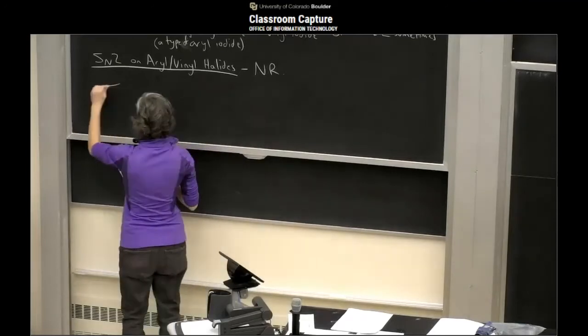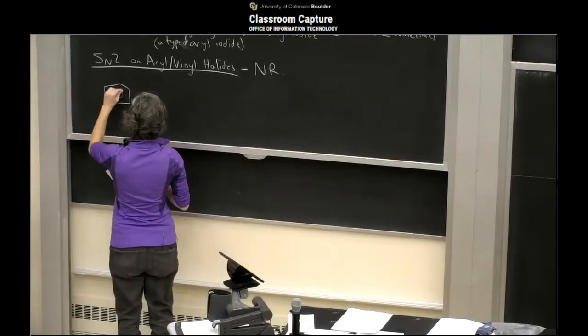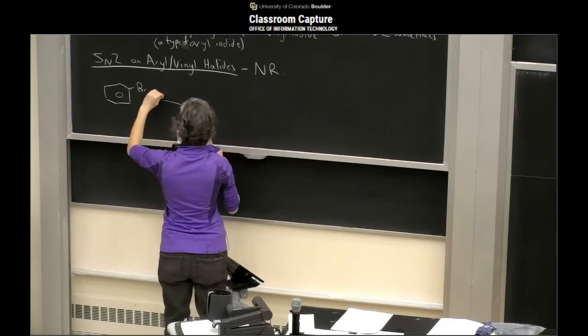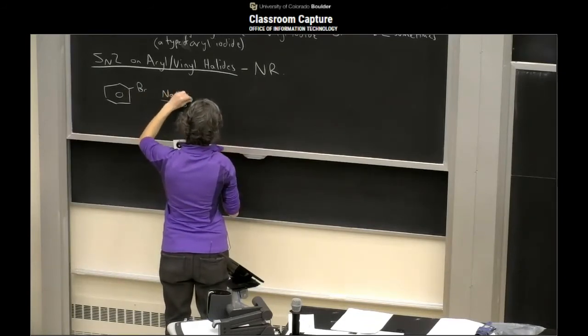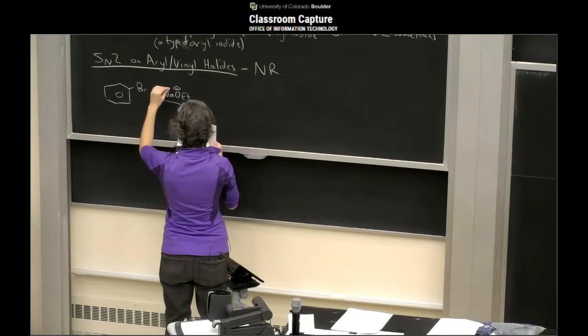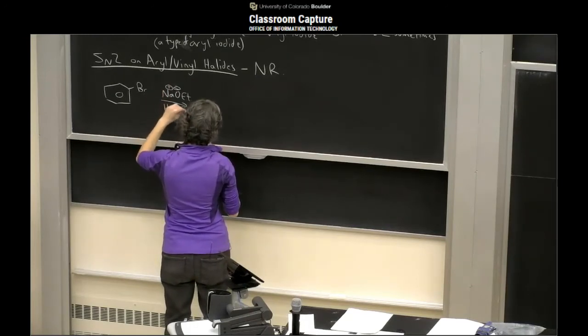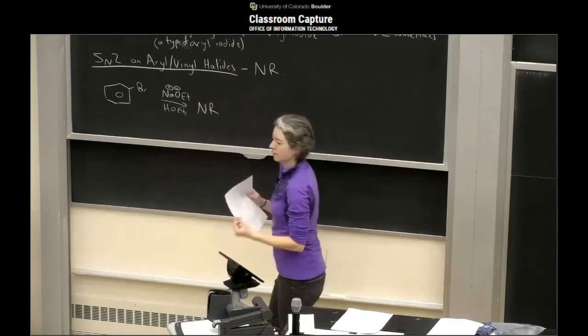So if you tried doing a setup like this for SN2, even if you've got a really strong base, good nucleophile like NaOEt and HOEt, nothing's going to happen.